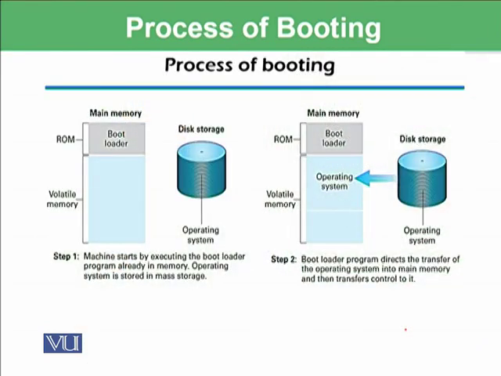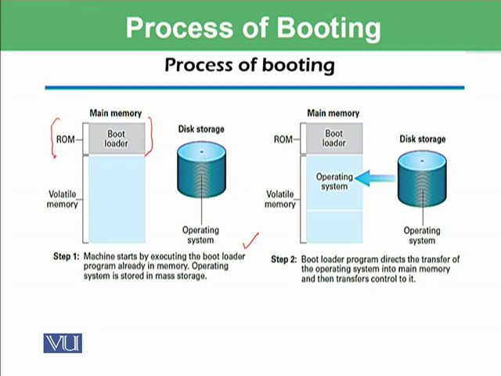So here is the process of booting. In the first step, the machine starts by executing the bootloader. The bootloader is a program which is able to initiate the process of booting. This bootloader is available in that particular slot of the main memory which we call ROM, which is non-volatile memory.